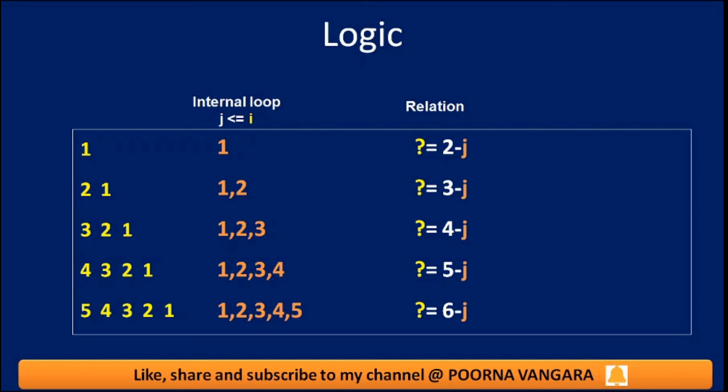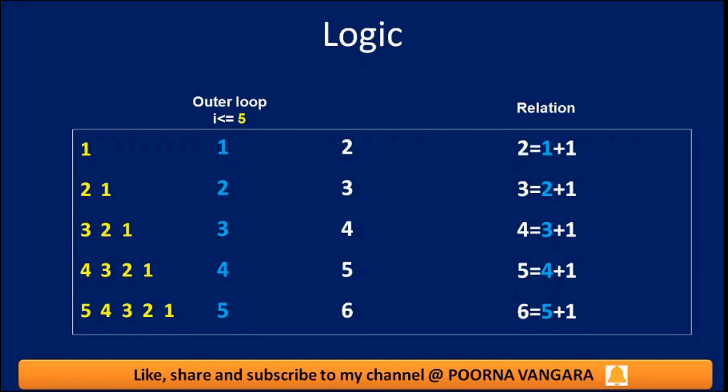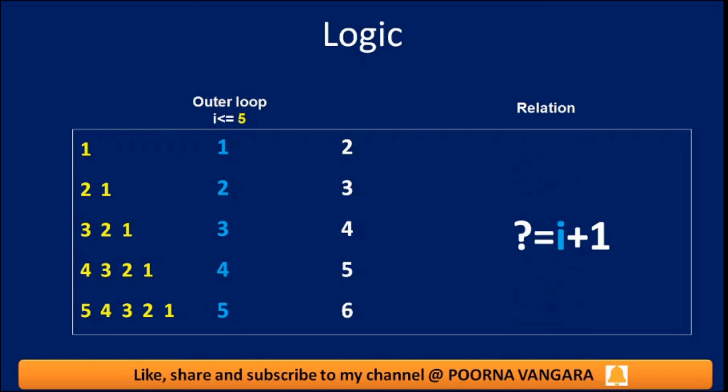As I said in the beginning, whenever you have a fixed kind of character in each line, you can relate it with i. Now this 2, 3, 4, 5, 6 can be obtained from the i value by incrementing 1. So that means i plus 1. If I put this character as a question mark, I can replace it with i plus 1.